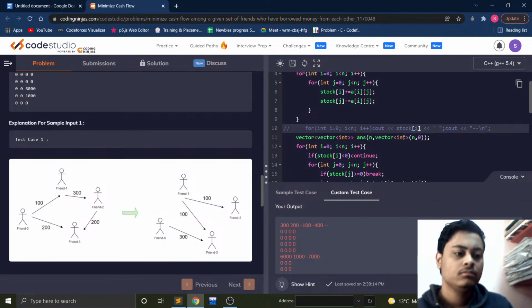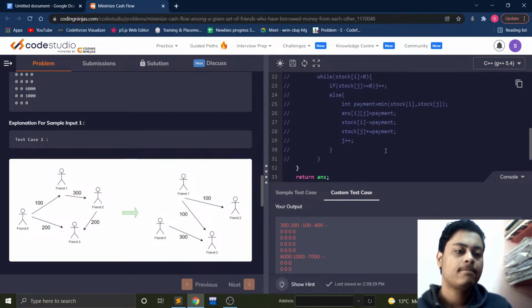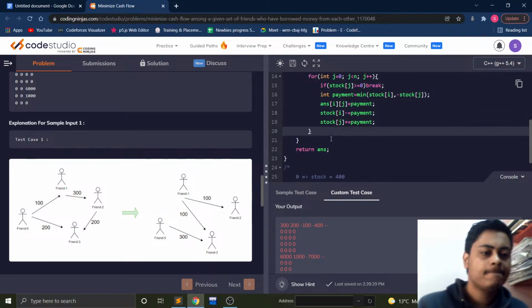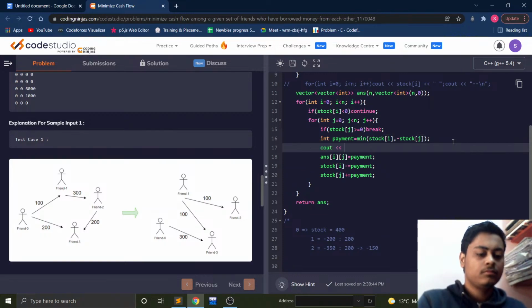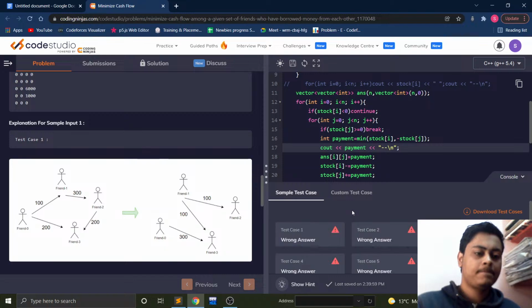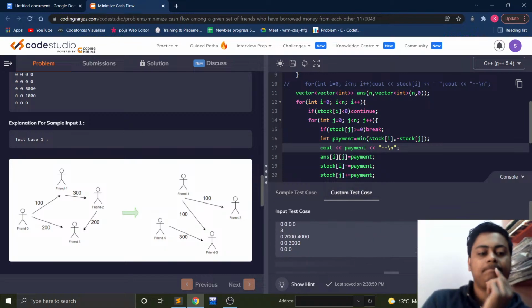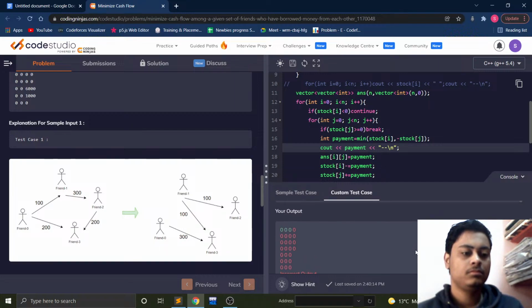I'm updating answer also, right? It is not outputting the payment at all.